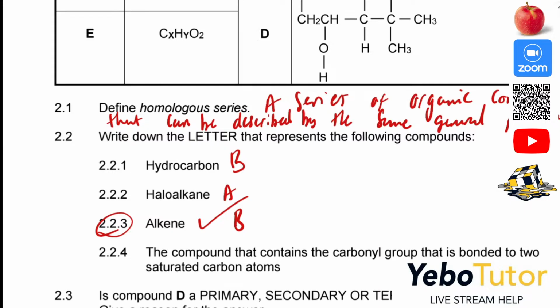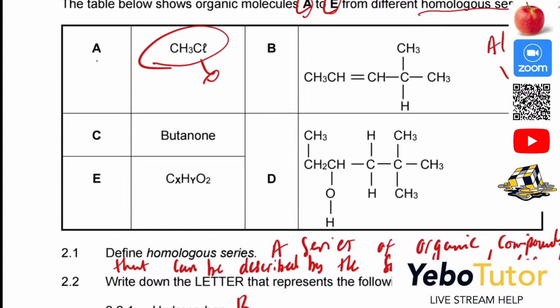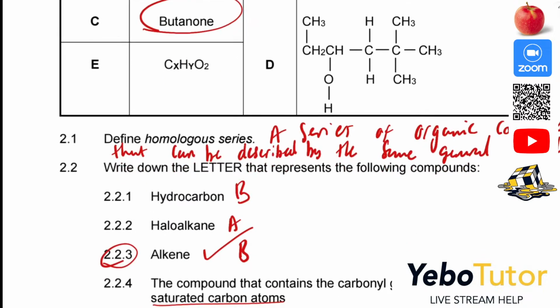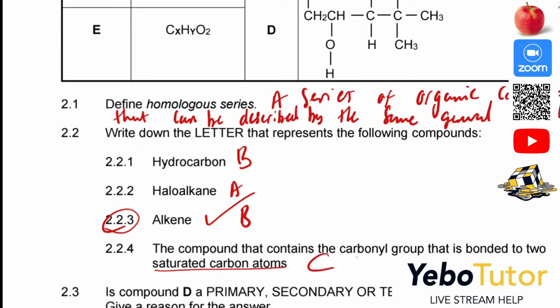Okay, the compound that contains the carbonyl group that is bonded to two saturated carbon atoms. Carbonyl group, let's check. We have the aldehyde, we have the ketone. So our answer will be on C, because you can see butan-1-one, which is a ketone over there. So this now is the carbonyl group and is bonded to two saturated carbon atoms. All right, so that's not bad. That's almost straightforward, so that everyone can see that and can be able to maneuver from that.